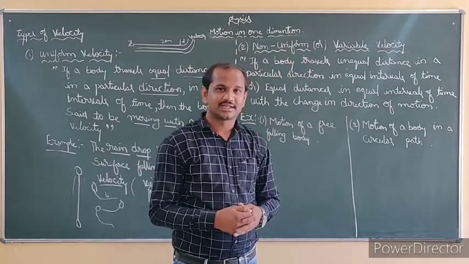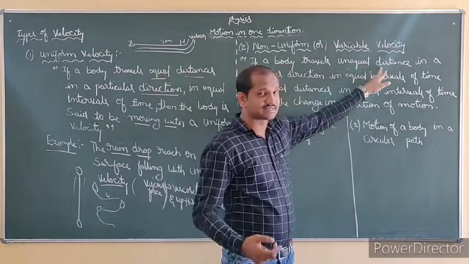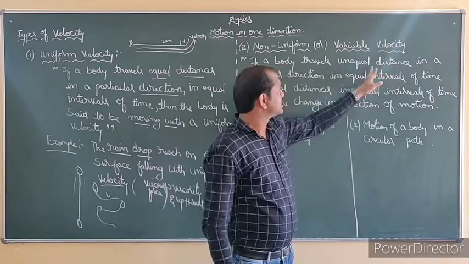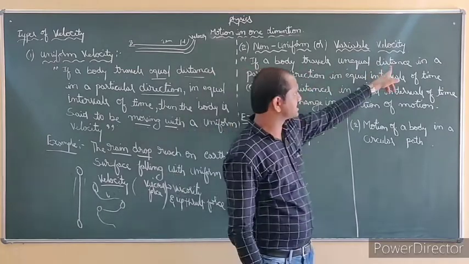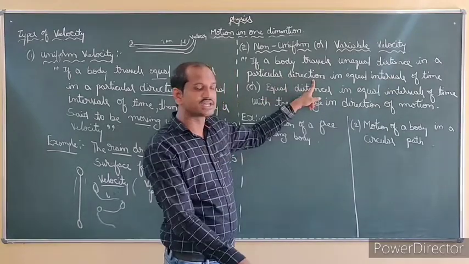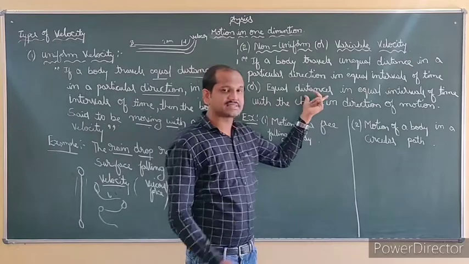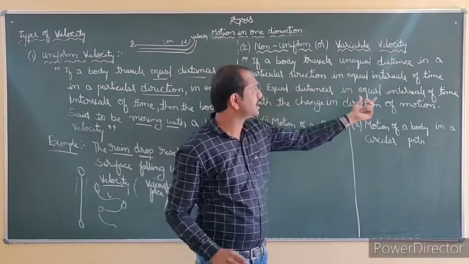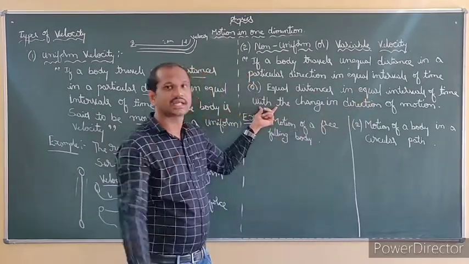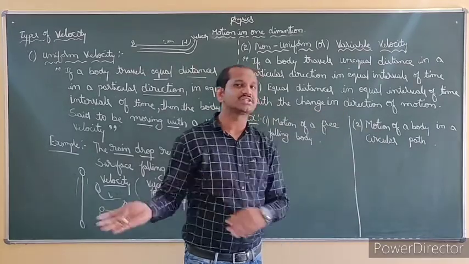So we need to see if a body travels unequal distance, meaning the magnitude is changing, in a particular direction, with direction remaining constant and time also constant. Or equal distances, the magnitude is the same, and equal intervals of time, the time is also the same, but the direction of motion is changing.